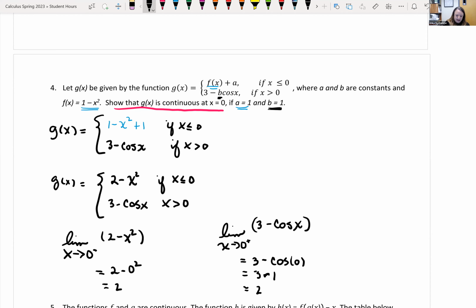So since the limit as x approaches 0 on the left is equal to the limit as x approaches 0 on the right, I'm almost done. The limit exists. So the limit as x approaches 0 of g of x exists, that equals 2.